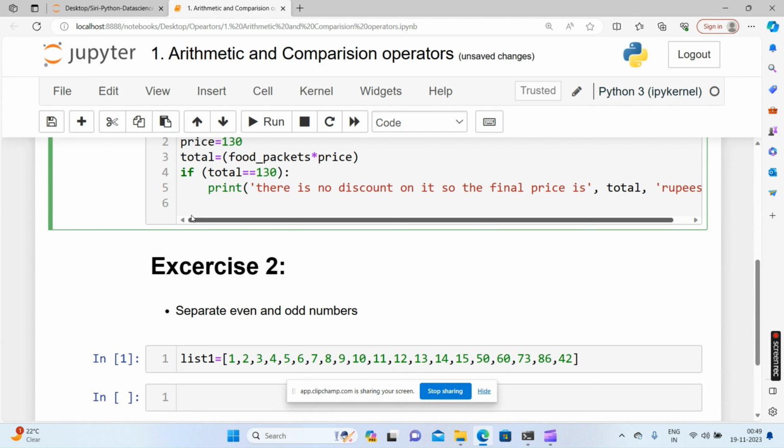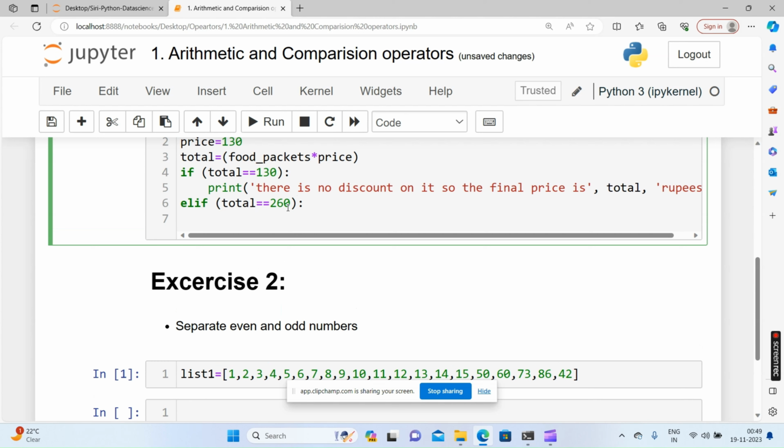If anyone takes two packets, that means if total equal to 260 rupees, that means two packets. I'm taking a new variable A, total multiplied with 15% discount divided by 100.